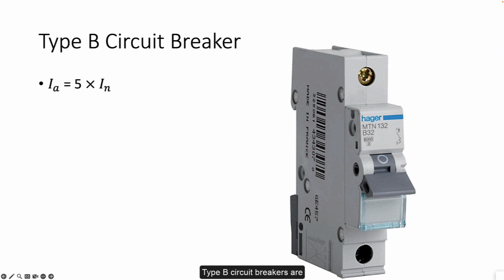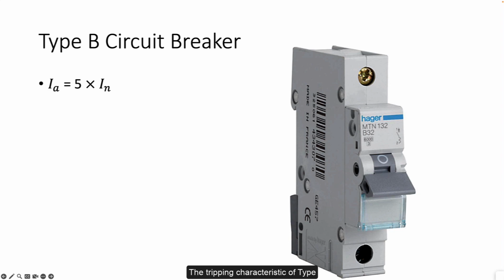Type B circuit breakers are a specific category of circuit breakers designed to provide protection against moderate overcurrents.